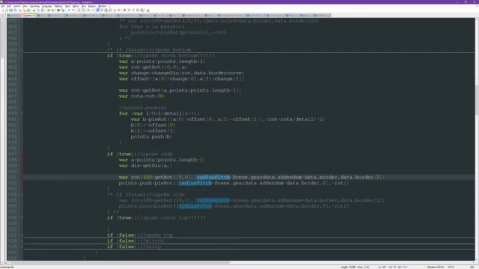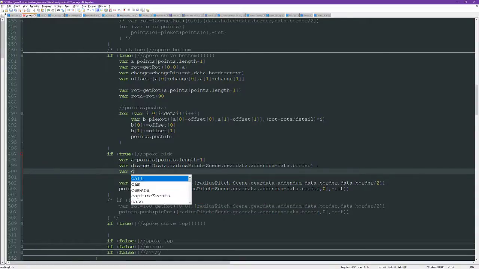Oh, what? Radius pitch minus the addendum minus the border, yeah. And then we can do the change this.